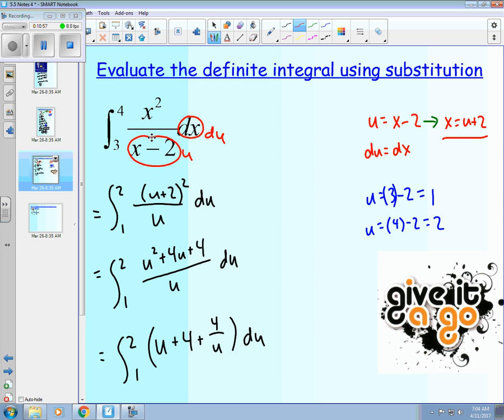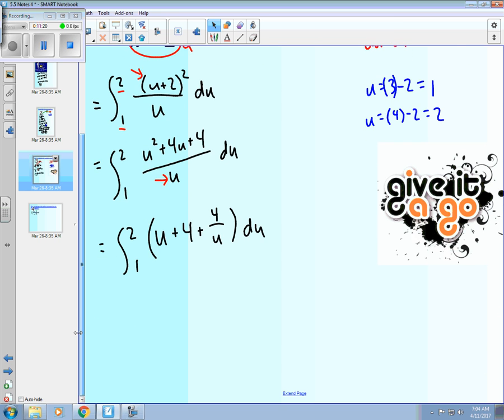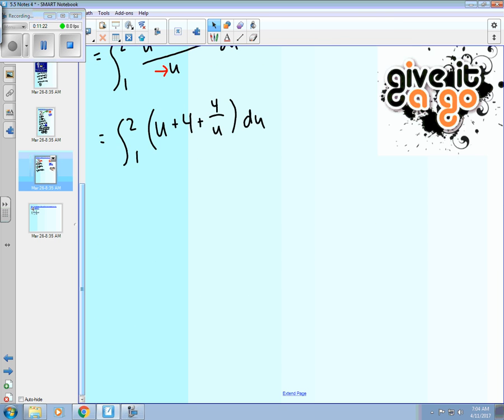Also make sure you do change the upper and lower limit here. It would turn to 2 and 1. Now as you simplify this, our u plus 2 squared, you'd have to FOIL that out. You get u squared plus 4u plus 4, and then divide each of those by our monomial term of u. And you should eventually end up with this integral now that you want to solve.